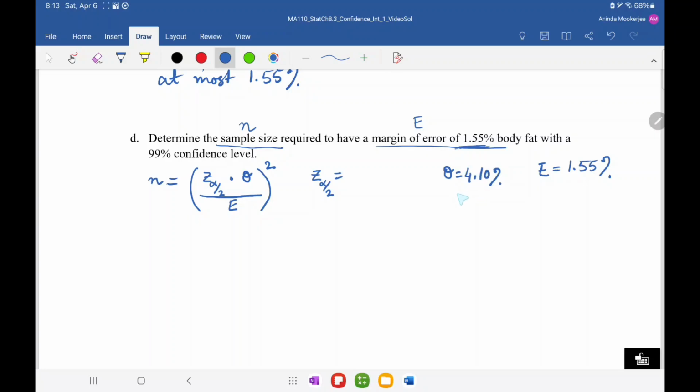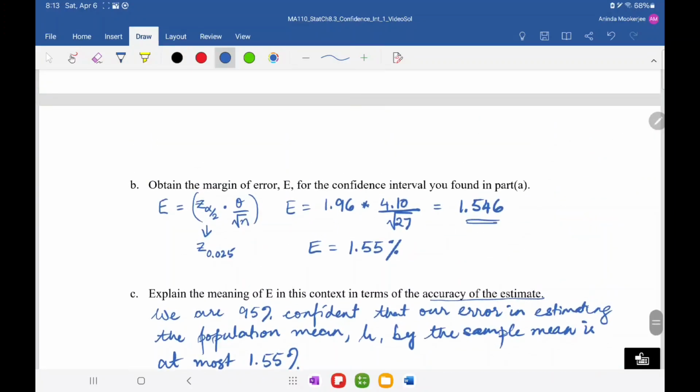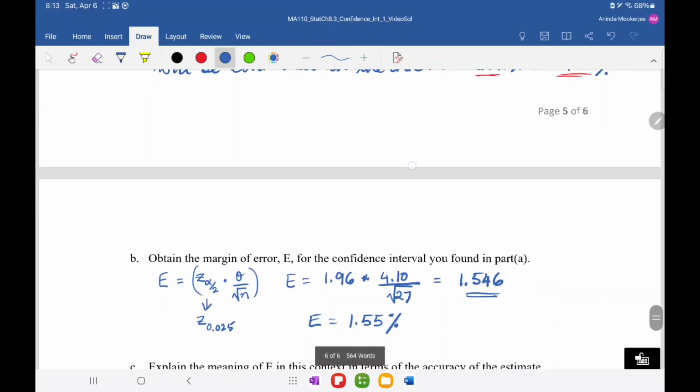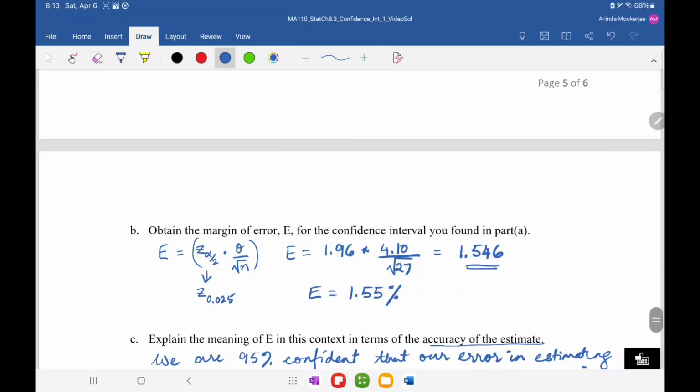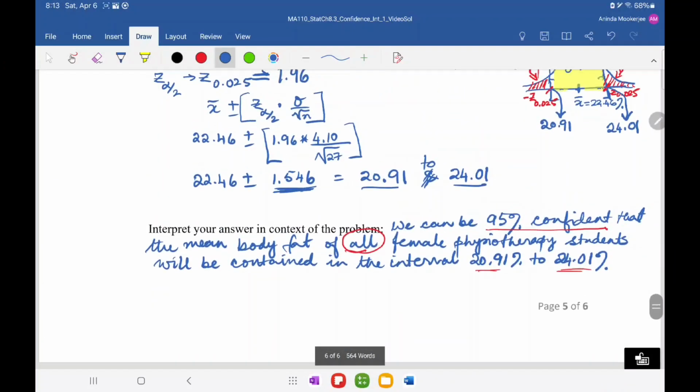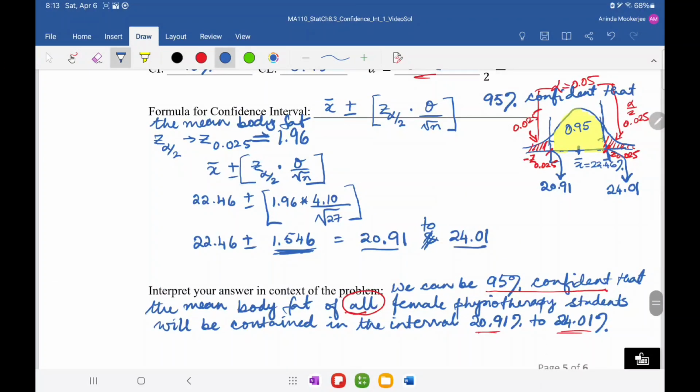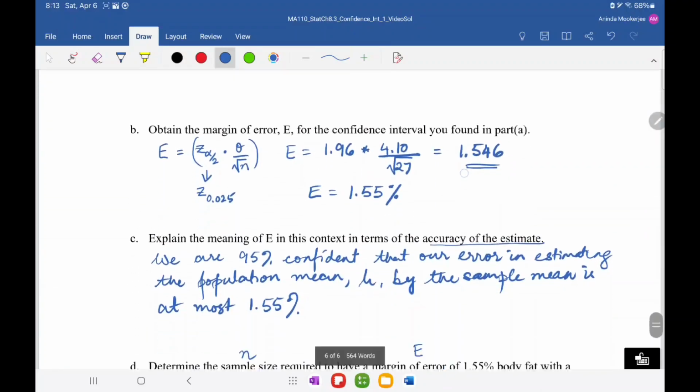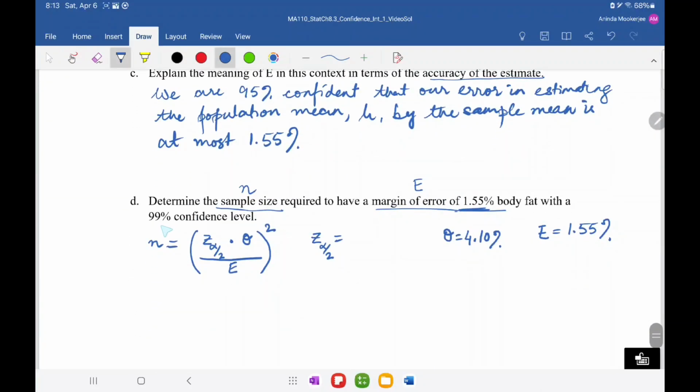So we have to find z of alpha by 2. Now you cannot use the same z of alpha by 2 that you used for 1.96, or which you used in finding the confidence interval. Why? Because we are using a different confidence interval. We are no longer using the 95%.